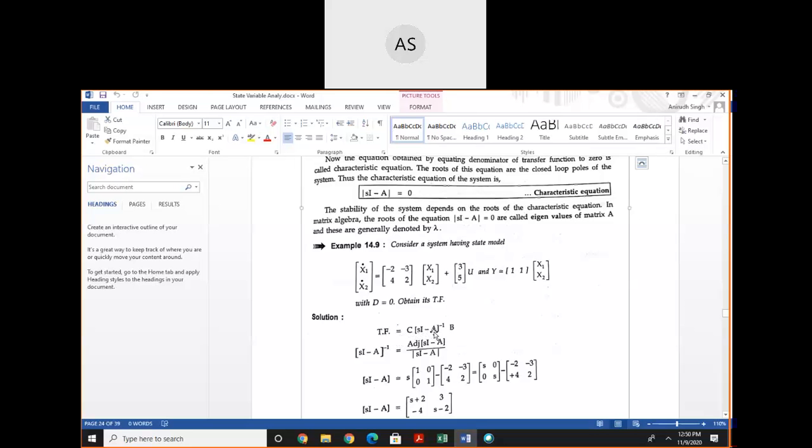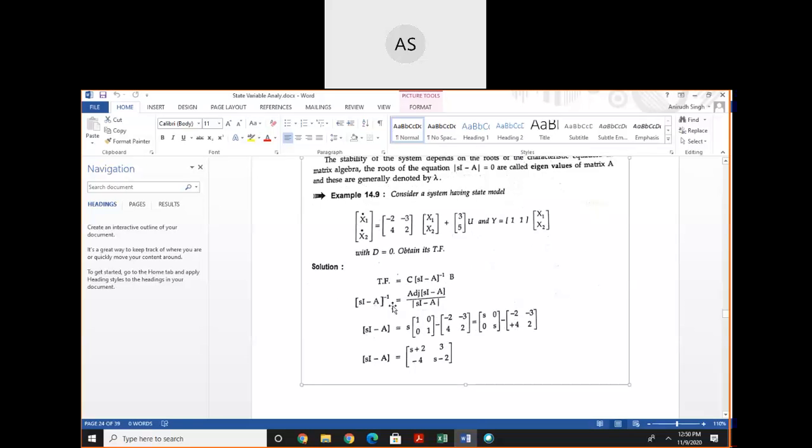The transfer function is given by the C matrix multiplied by the inverse of sI minus A multiplied by B. First you calculate the inverse of sI minus A. It is given by the adjoint of matrix sI minus A divided by the determinant of sI minus A.